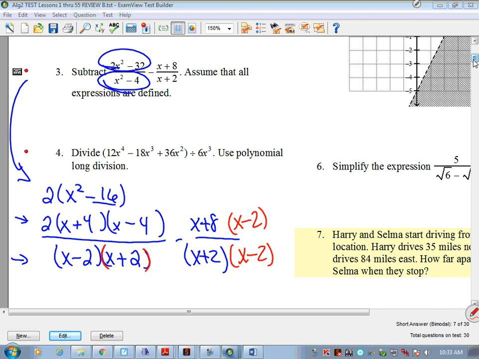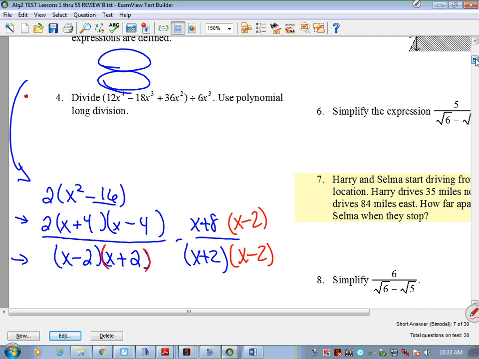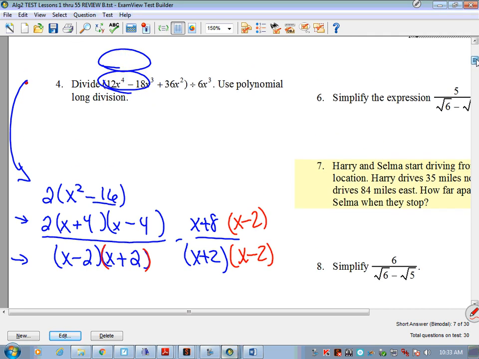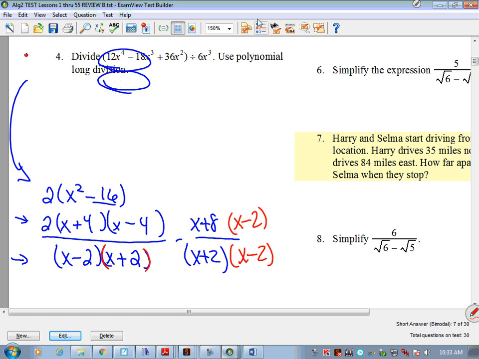I'm going to scroll down. Let's carry this down. I'm going to erase a little bit here. And I'm going to work my way kind of back up because I've got it all down here, but because of where my room is, I'm going to take my second equation up to the top. So let's see.